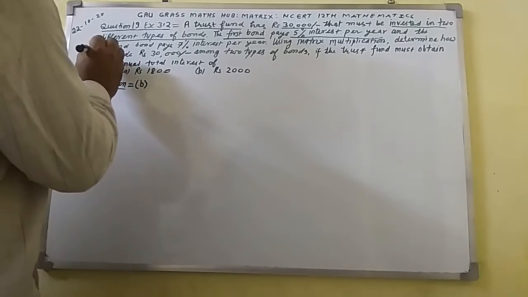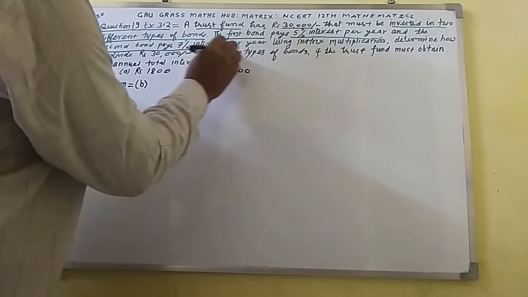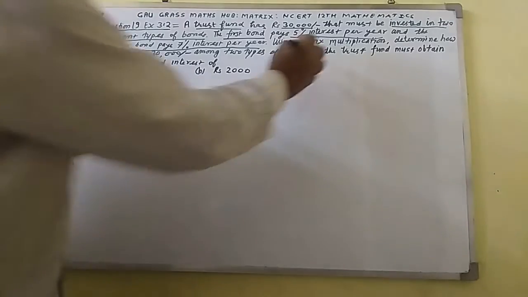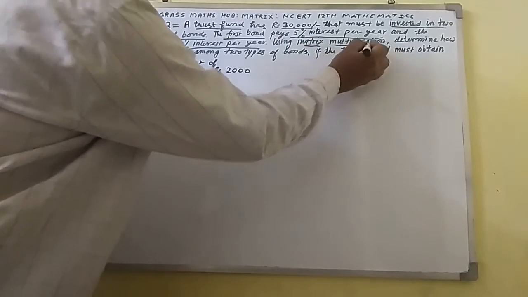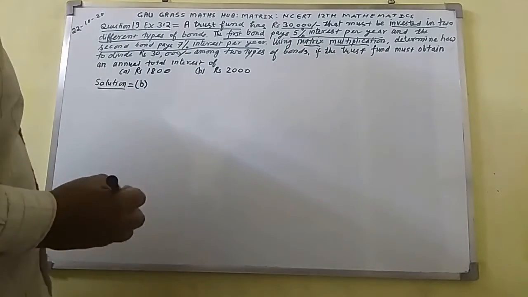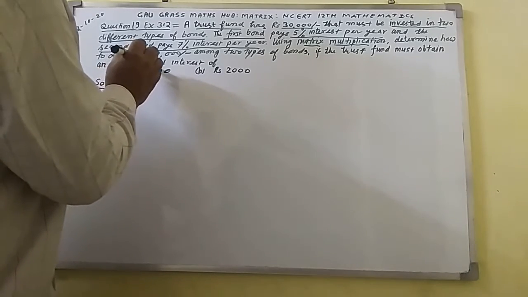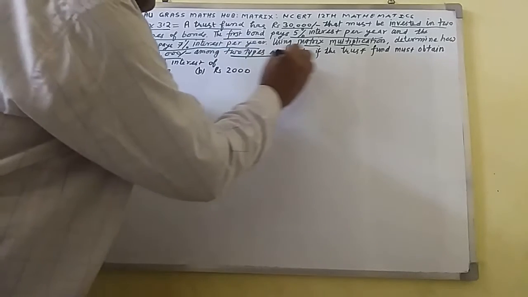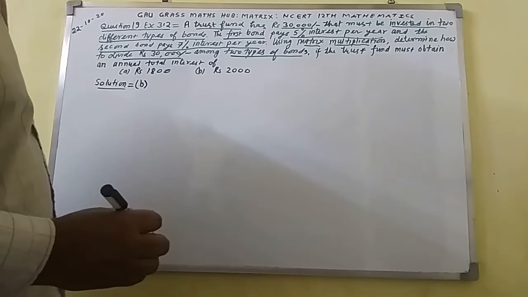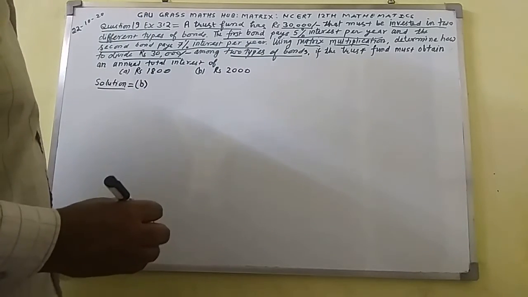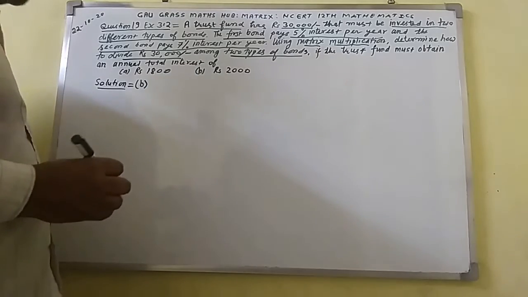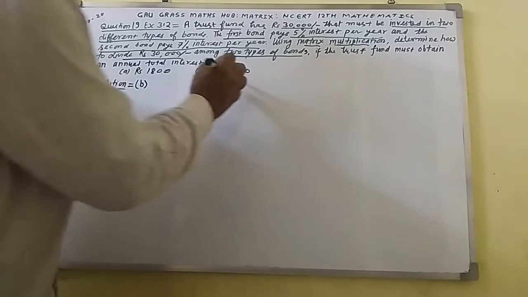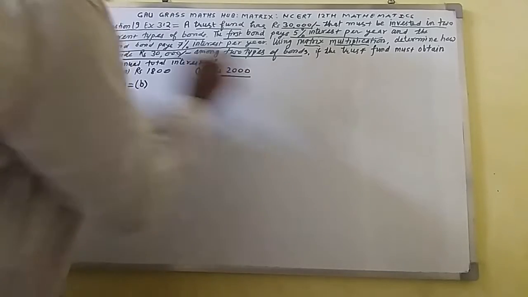The second bond pays 7% interest per year. Using matrix multiplication, determine how to divide rupees 30,000 among two types of bonds, if the trust fund must obtain an annual total interest of rupees 2000.